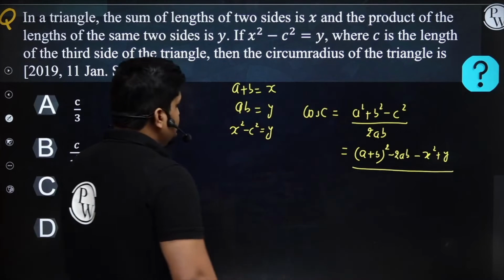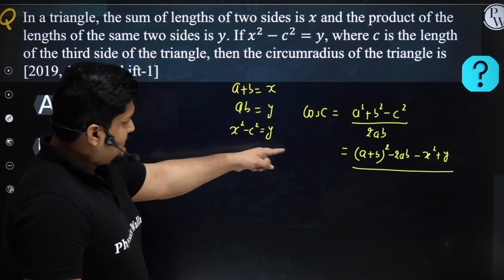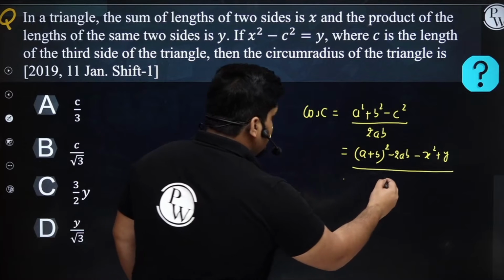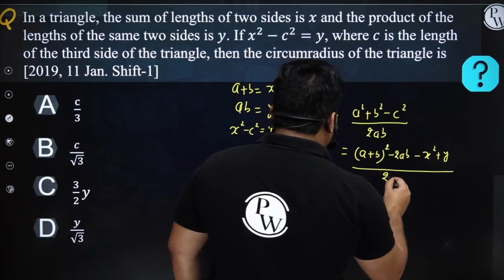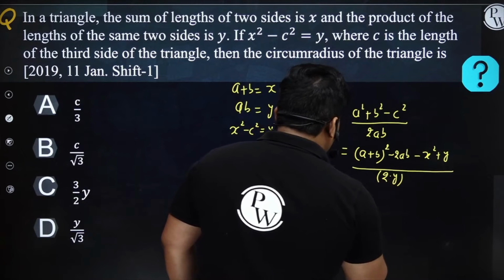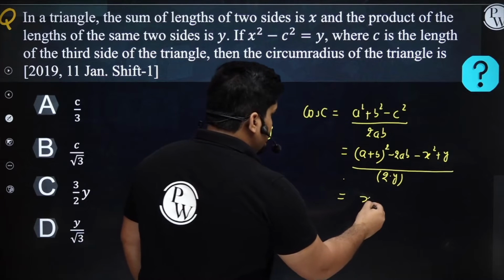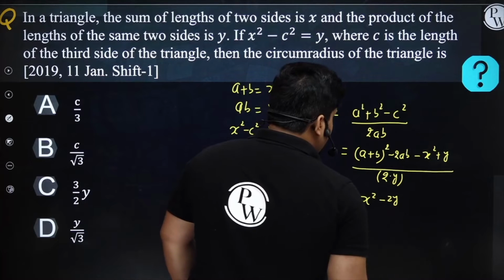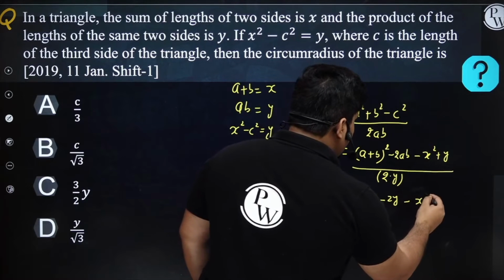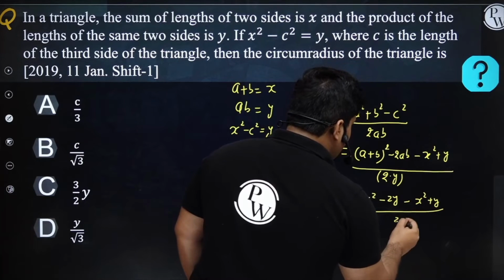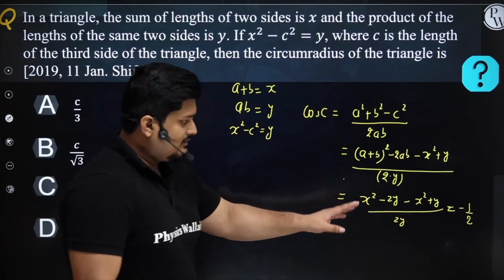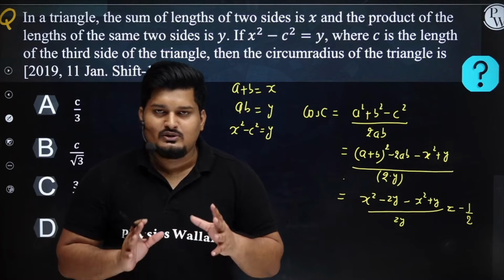What is a plus b? It is x. And twice of a into b, what is a into b? It is y again. So we get x square minus 2y, and then minus x square plus y, divided by 2y. This comes out to be minus half. The x square cancels out and we get minus half. You see how easily we got it.